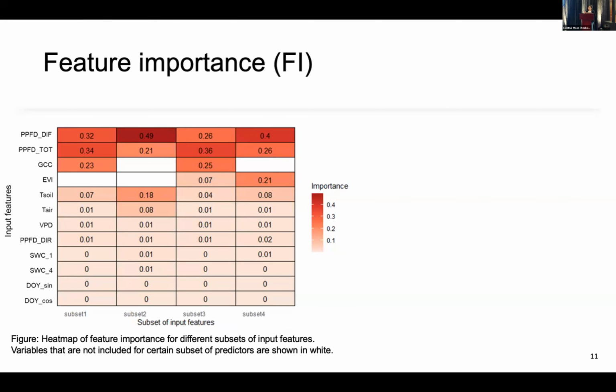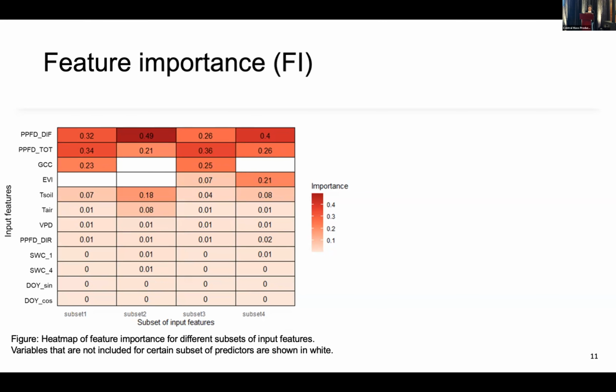I think what you can find here is that diffuse PPFD acts as the most important predictor here. It can be explained because diffuse PPFD allows for the even distribution of light in the canopy, and therefore enhances the overall photosynthetic efficiency.